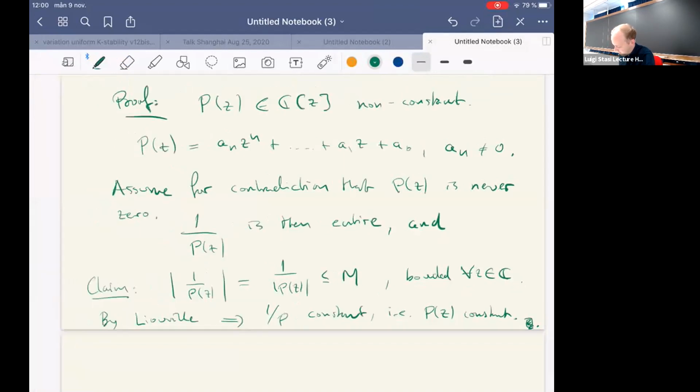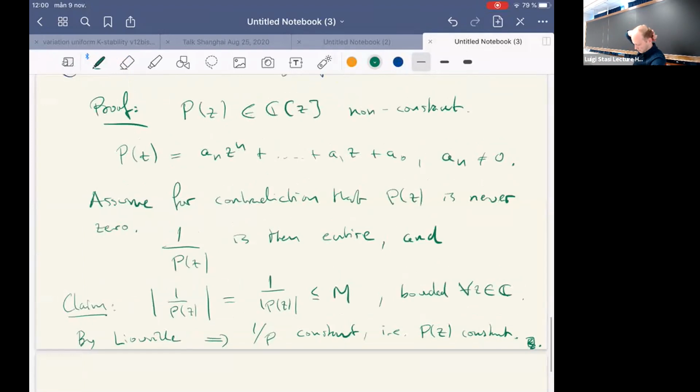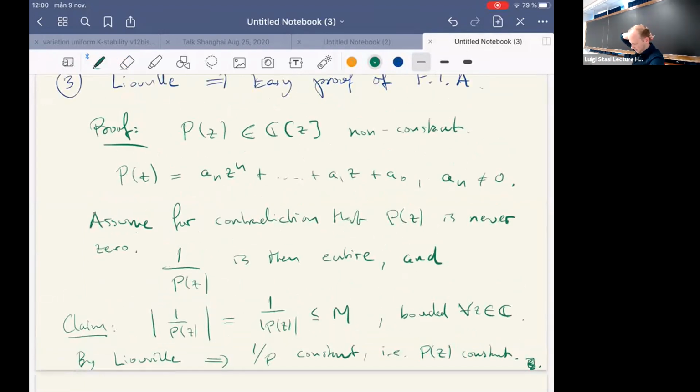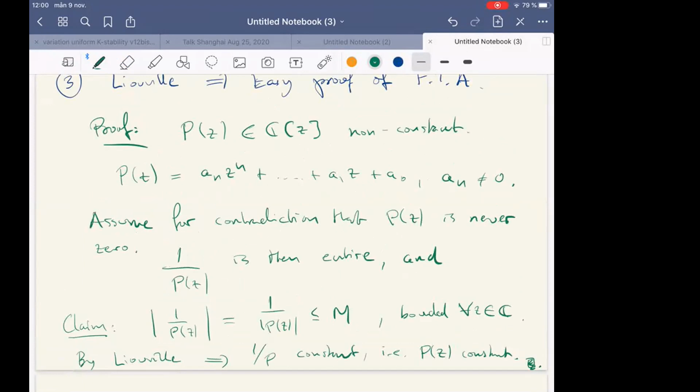Let's see if I can remember the argument. If it's not bounded, then there is a sequence z_n such that 1 over P of z_n goes to infinity, so P of z_n goes to 0. If that sequence is bounded, then it has a limit point, which contradicts the claim that P has no zeros. And if it's unbounded, this is also a contradiction, because the norm of the polynomial is going to go to infinity, and not to 0.